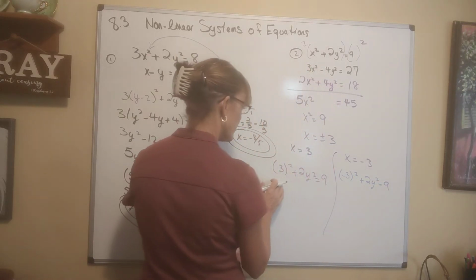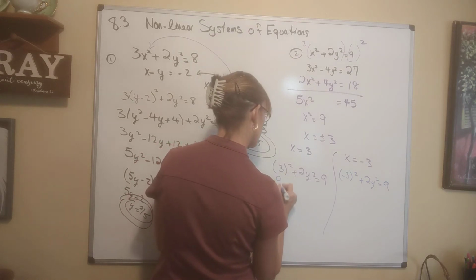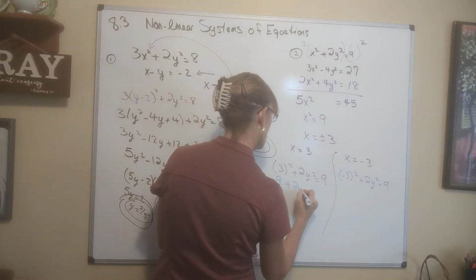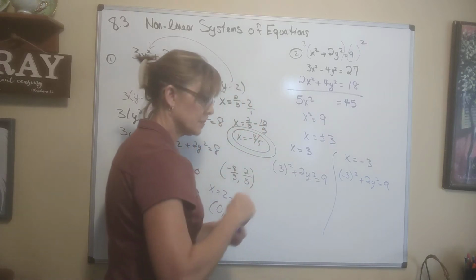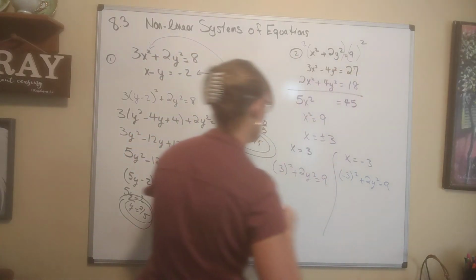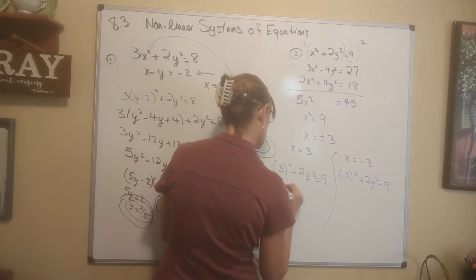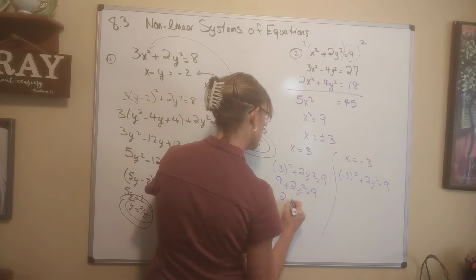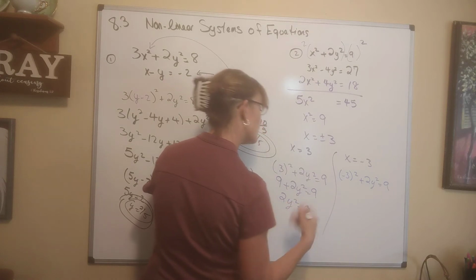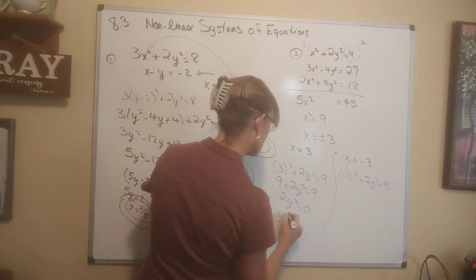So 3 times 3 is 9 plus 2y squared is... I want to just stick with purple. Okay. 3 squared is 9 plus 2y squared is 9. Subtract 9 from both sides and you get 2y squared is 0. Divide by 2, you get y squared is 0.